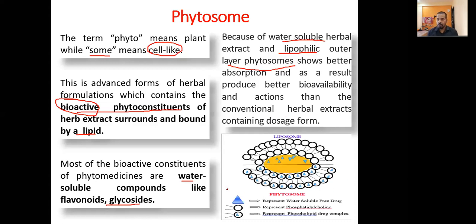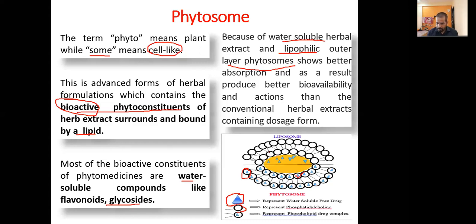Now here you can see the triangle represents water soluble drug. Look at the diagram. The triangle represents a water soluble free drug, while the empty circle represents phosphatidylcholine, and the triangle inside the phosphatidylcholine represents the phospholipid drug complex, and these structures are considered phytosomes.